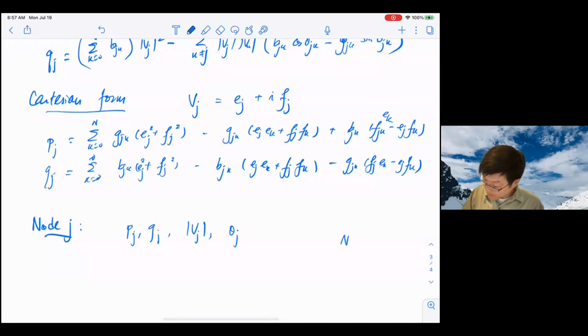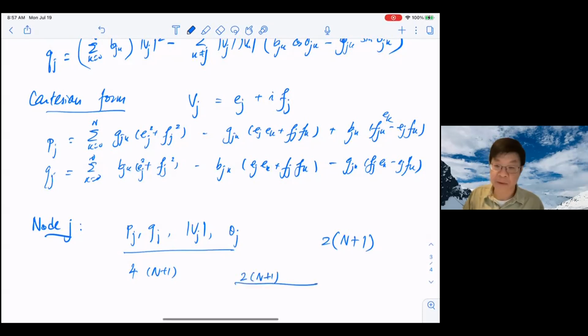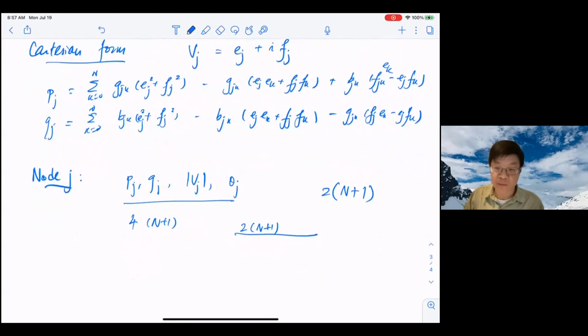We have n+1 quadratic equations in complex form, and therefore in real form there are 2n+1 equations and a total of 4n+1 variables. Given any 2n+1 variables as parameters, we will have 2n+1 remaining variables and 2n+1 equations. At least the number of equations and variables match.